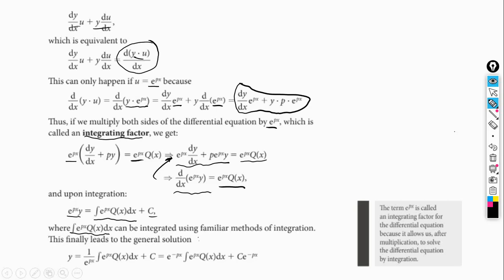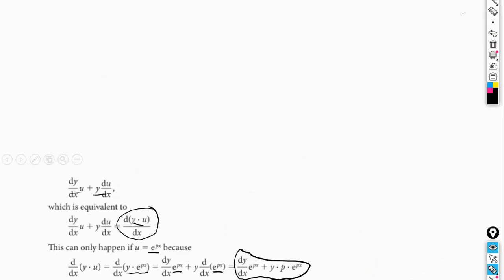So you can memorize this formula, but only after you understand the concept. That would be through a few examples. So this is a general solution. y equals e to the minus px times the integral of e to the px times q of x dx plus c times e to the power of negative px.